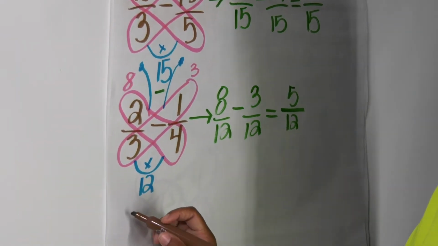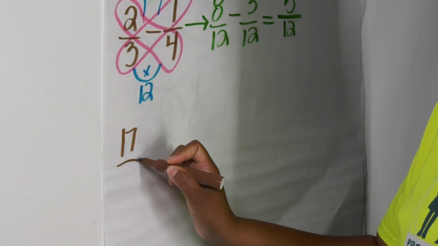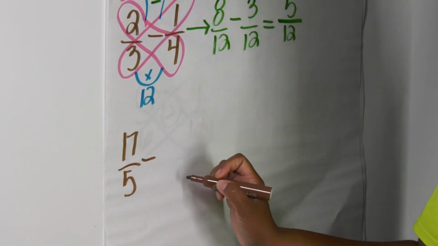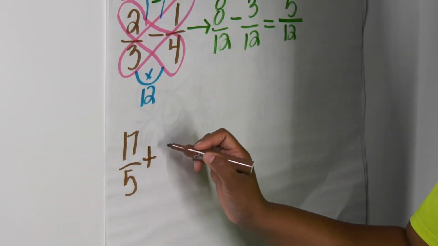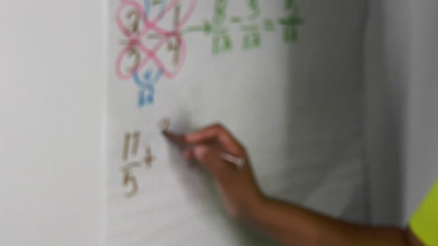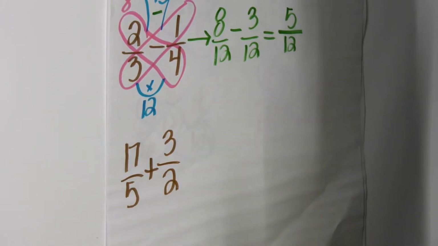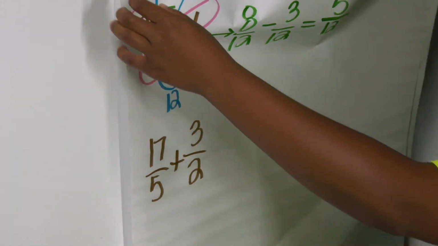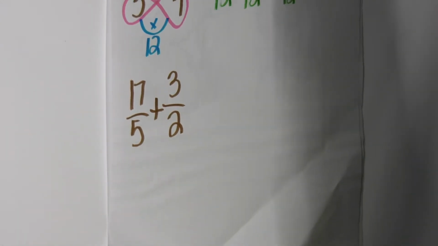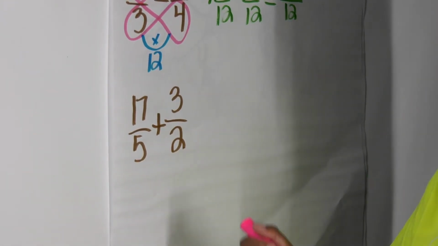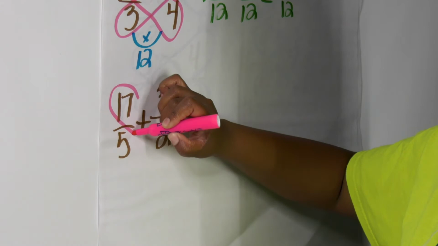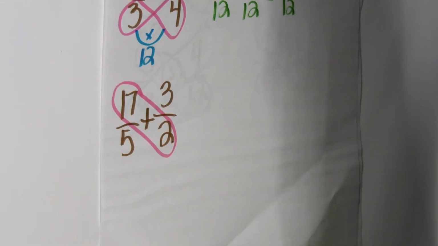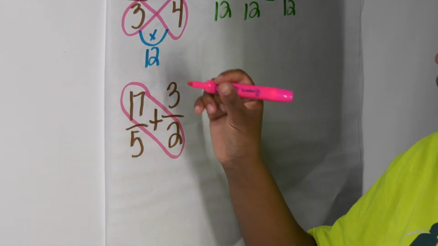Okay, 17/5 minus, actually plus 3/2. 17/5 plus 3/2. Okay, let's do this up. All right, so we're gonna do our butterfly method. 17 times 2, which is 34.